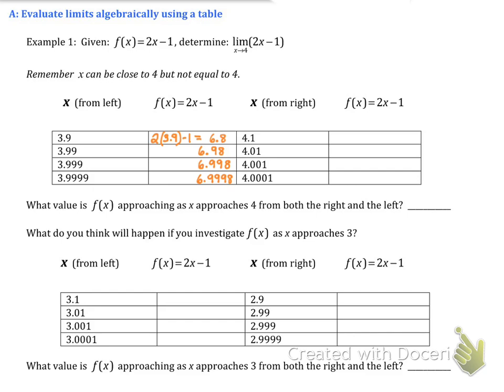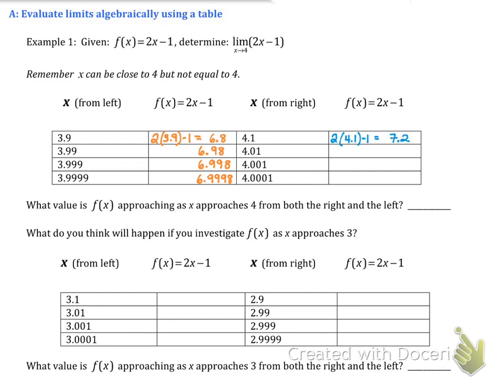Alright, so now we're going to go on the right side. And on the right side, it's the same concept, and I'm going to start with 4.1. So 2 times 4.1 minus 1 gives me 7.2.